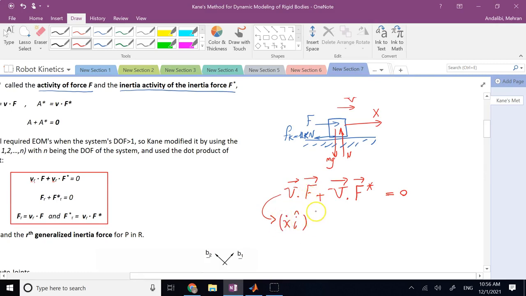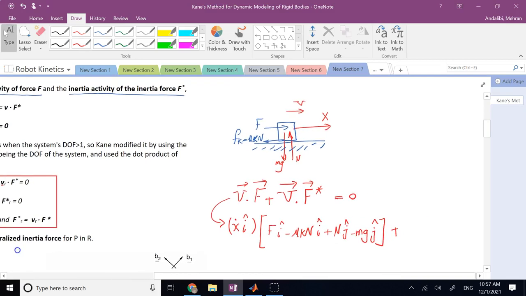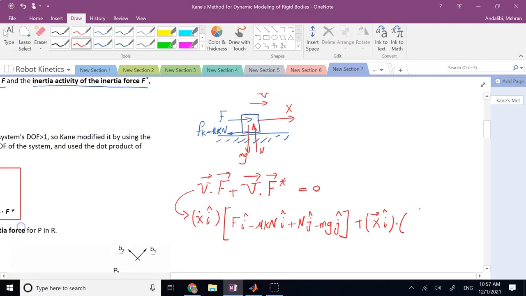F here can be all of the forces, which is the capital F times i minus mu k n times i, then plus n times j, and then minus mg times j. And then plus, again, x dot i dot the F star, which in this case, in general, can be what?